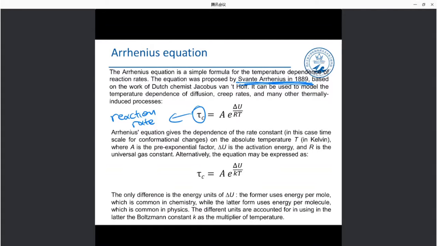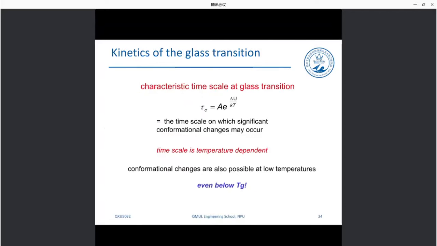It gives the dependence of the rate constant on the absolute temperature and the activation energy. Yes, we already mentioned all this in the previous slide. That is the characteristic time scale at glass transition, the time scale on which significant conformational changes may occur.